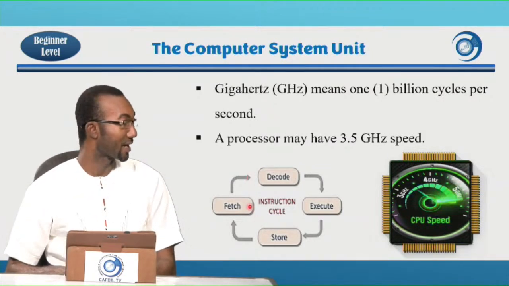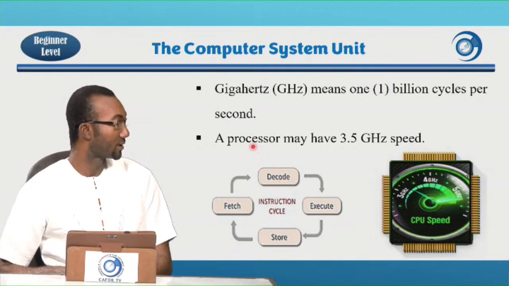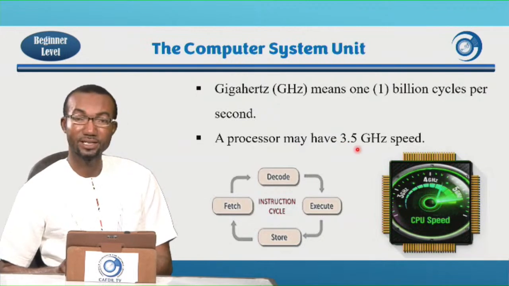So this is the cycle we are talking about. To fetch, to decode, execute, and store. The instruction cycle. So if a processor comes with 3.5 gigahertz, that means that processor can perform these functions individually for 3.5 billion times in a second.